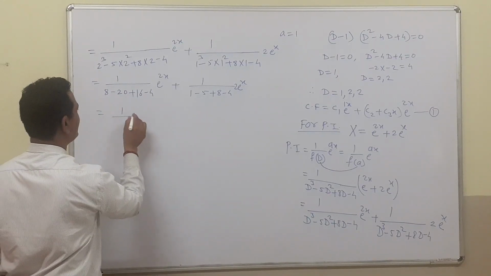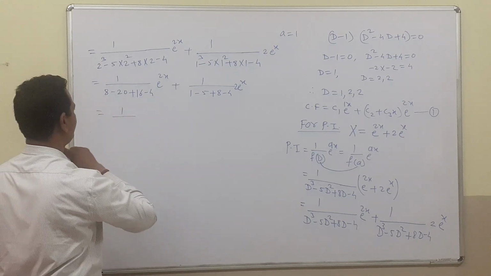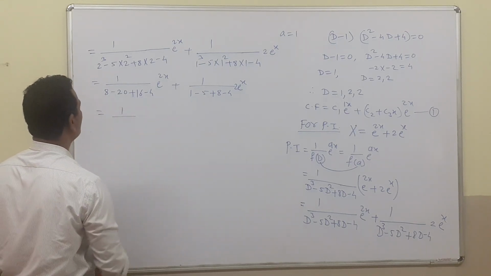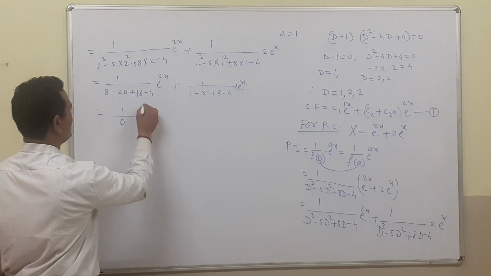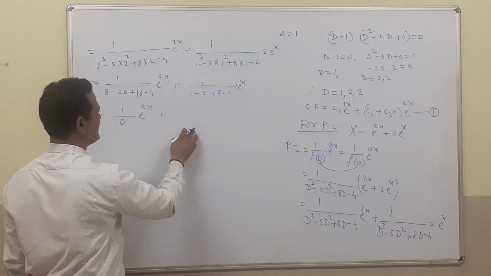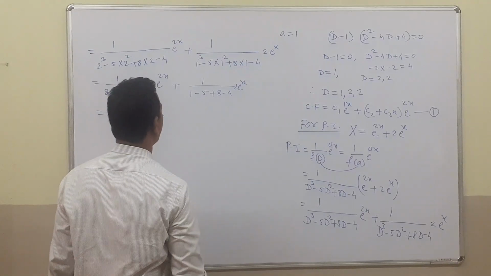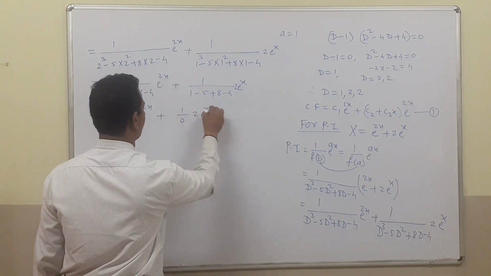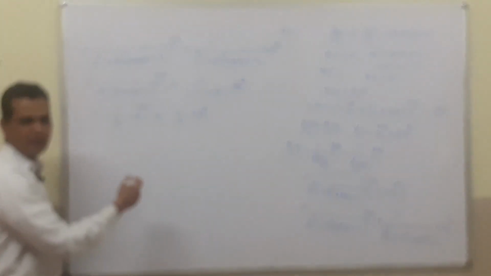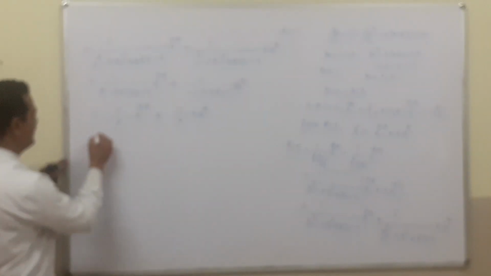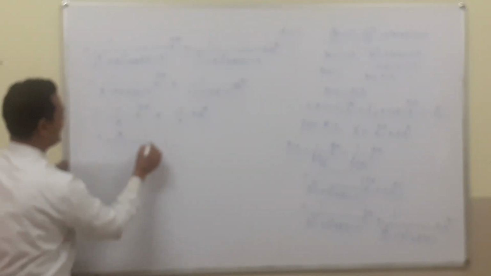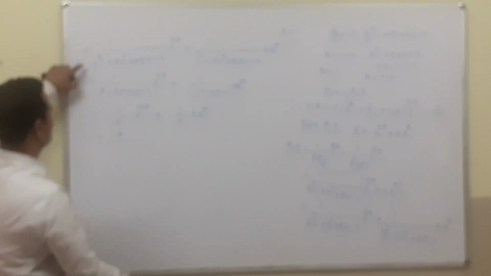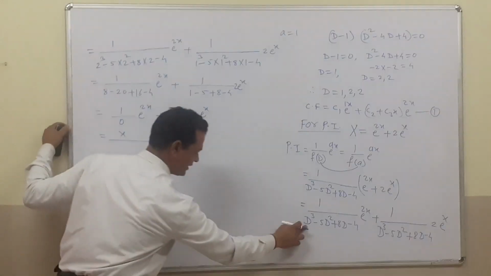So the answer is 0 e raised to 2x, plus the answer is again 0. So we get the denominator as 0. Whenever we get the denominator as 0, attach x on the numerator and take the derivative of the denominator. So take the derivative of this term.